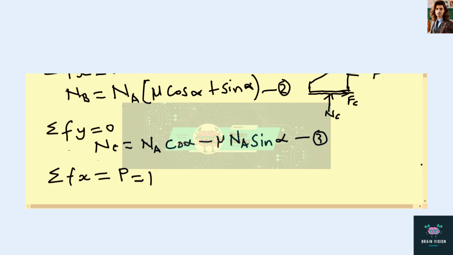P is equal to mu normal reaction at C plus normal reaction at A sine alpha plus mu, as the coefficient of static friction, normal reaction at point A cos alpha. We can call this equation 4.